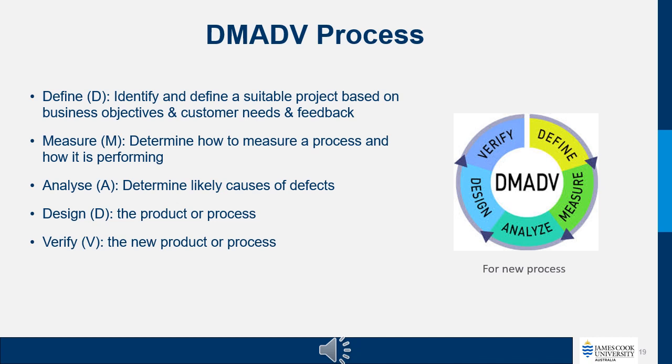They gather data and establish baseline metrics to evaluate the effectiveness of the existing design. Analyze. The team analyzes the collected data to identify the cause of defects or inefficiency in the current process or the product.